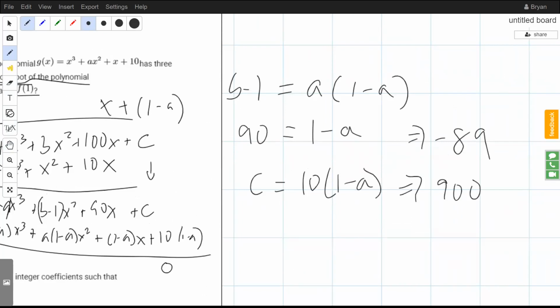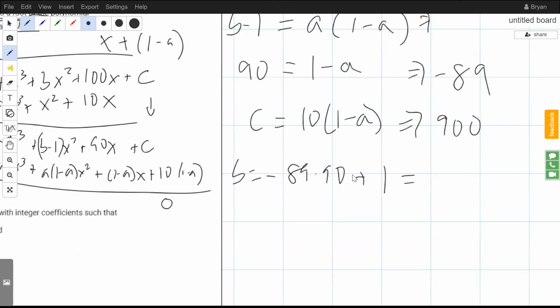And we know that b minus 1 is going to be a times 1 minus a. And that's equal to negative 89 times 90. So b equals this plus 1.